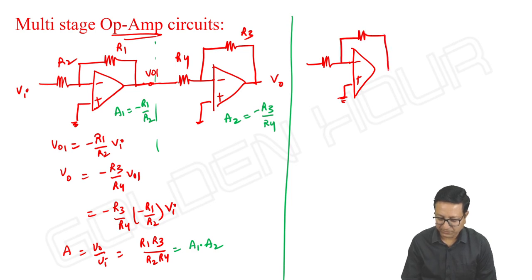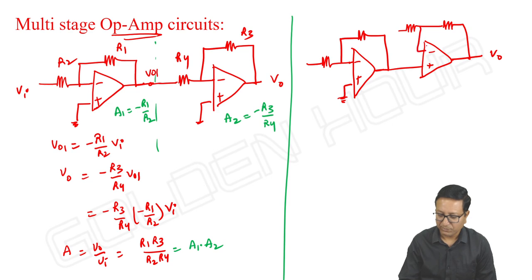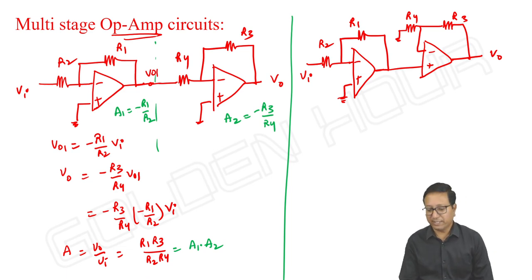Instead of giving input to the inverting terminal, I am giving it to the non-inverting terminal like this. R3, R4, R1, R2 and Vi. What is the gain of this circuit?